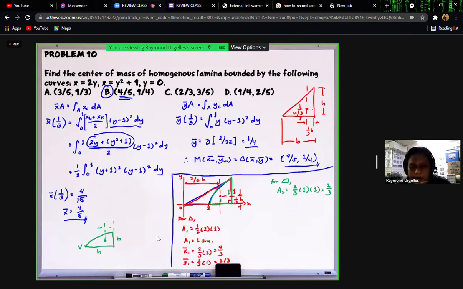Its distance from the base is 2/5 of the height. And if I'm not mistaken, its distance from the height, measured from here, should be 3/8 of the base.